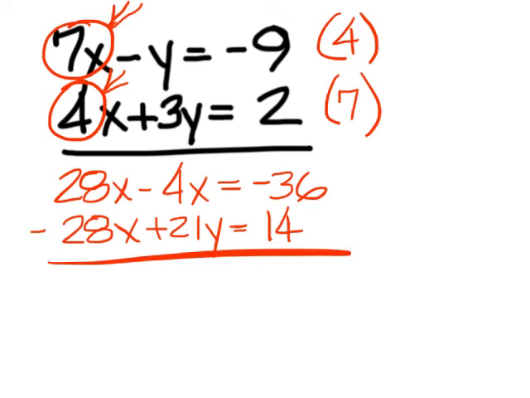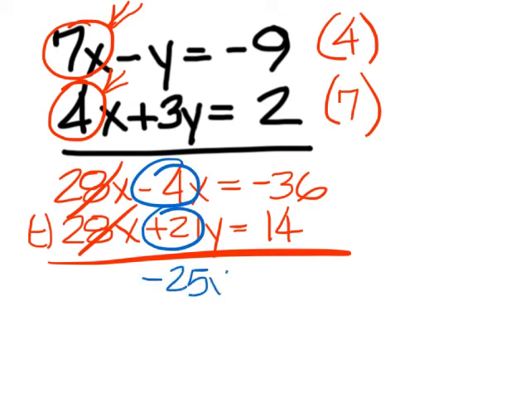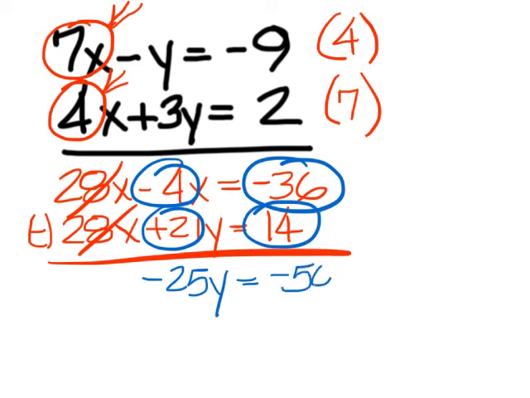Signs are the same, so you subtract. These cancel out, and negative 4 minus 21 is going to be negative 25. Why? Negative 36 minus 14 is negative 50. Divide to come up with an answer of 2.